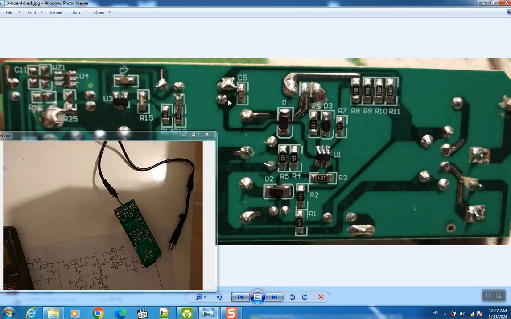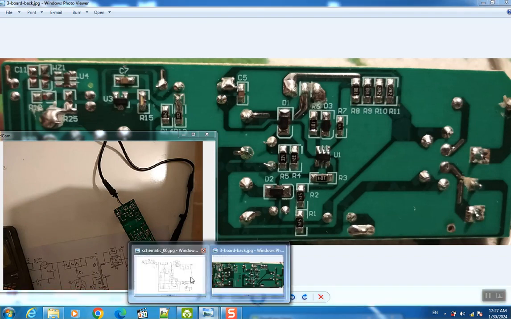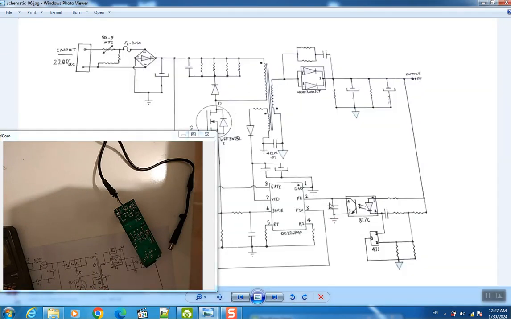This is for pin 3 and pin 4 of the 870 next part, which is this one.